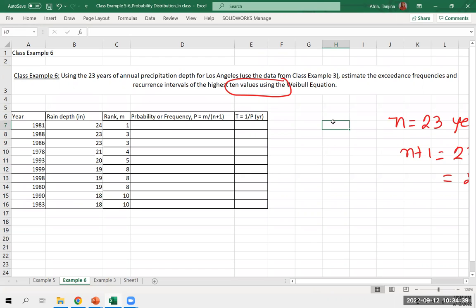I'm giving you the very first two values so that you can check your answer. M will be 23 and N plus 1 will be 24.